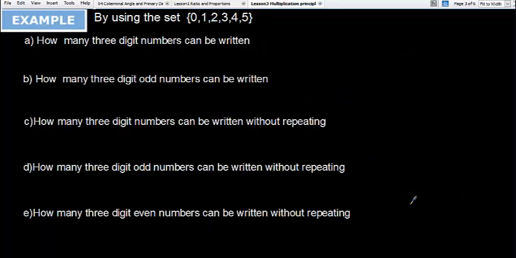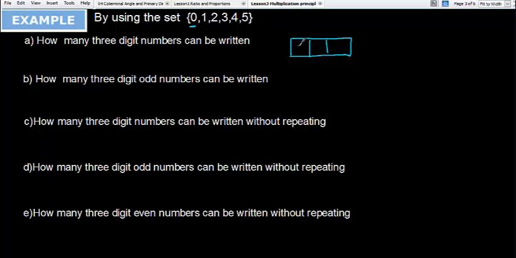Now in this question there is a 0 also, and the questions A, B, C, D are similar to the previous ones. When it says how many three-digit numbers can be written, we have to be careful with the first digit. Normally, if there are 6 numbers and none is a problem, the answer would be 6, 6 and 6.